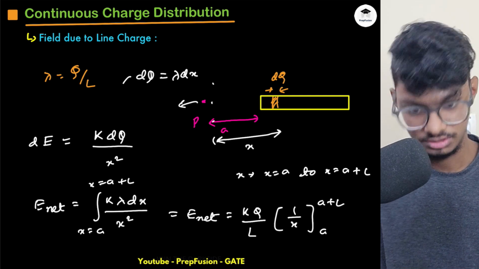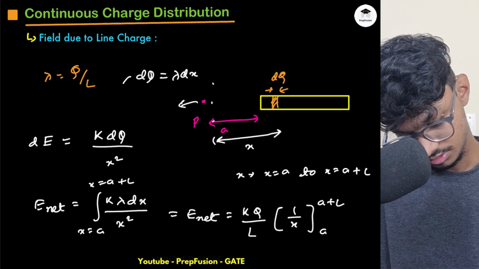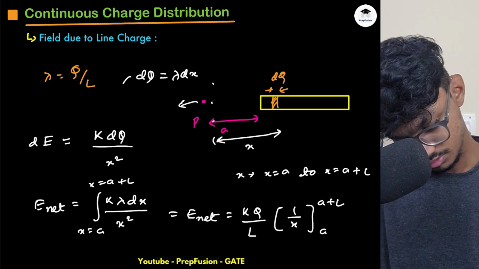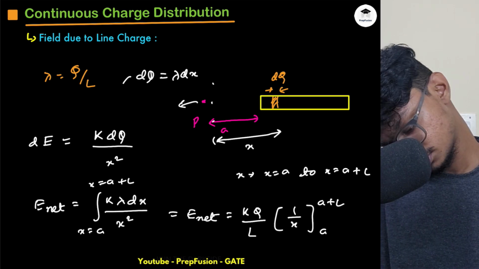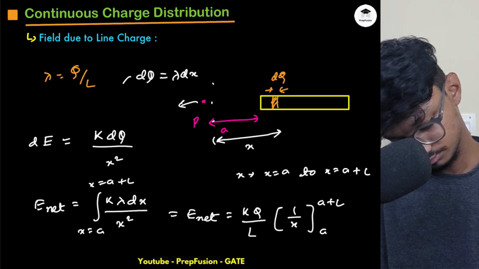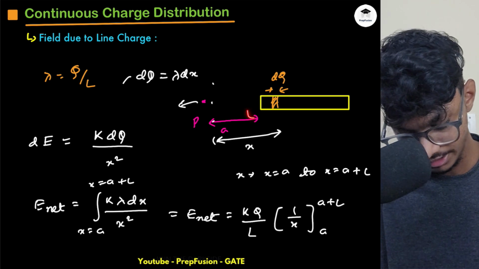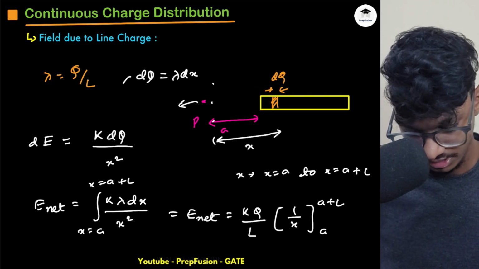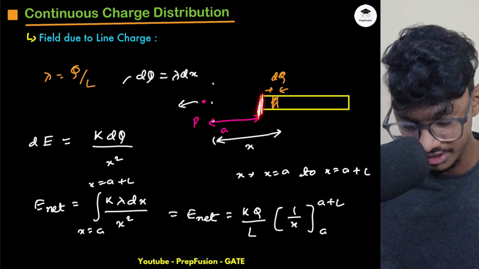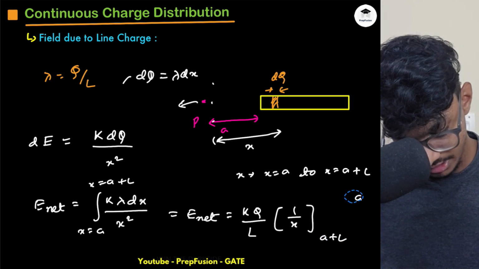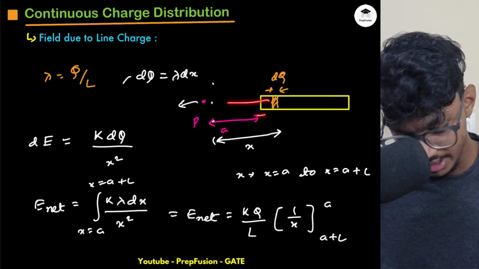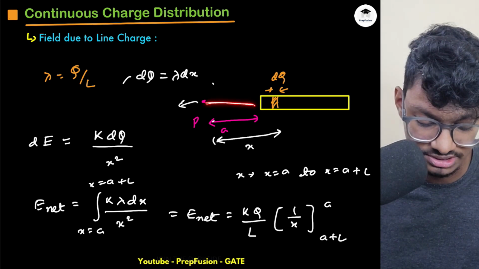X equals A to x equals A plus L. Yeah, I can start from here, but this will actually give the maximum electric field intensity. This point is giving the maximum electric field intensity, so I will keep this as the upper limit, because at x equals A I am getting the maximum electric field intensity, as the distance is smallest.